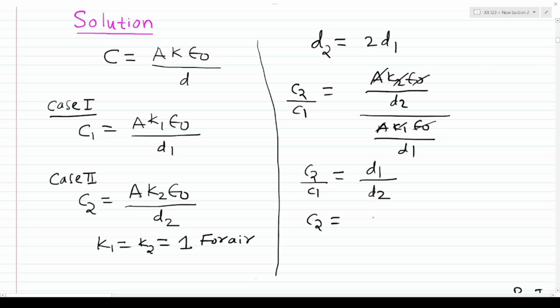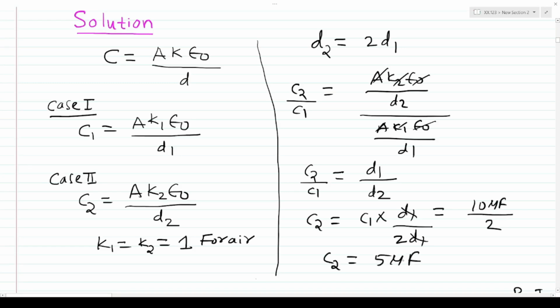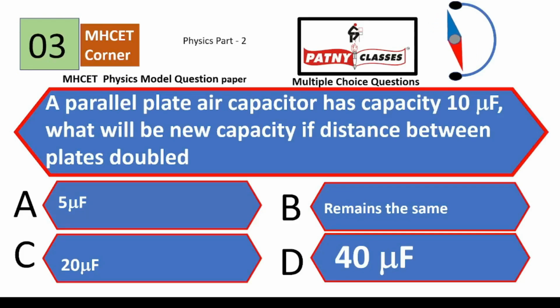Now C2 equals C1 into d1 upon d2, and d2 is nothing but twice d1, so d1 gets cancelled. C1 is given as 10 microfarad upon 2, therefore C2 equals 5 microfarad. Therefore, option A, 5 microfarad, is the correct answer.